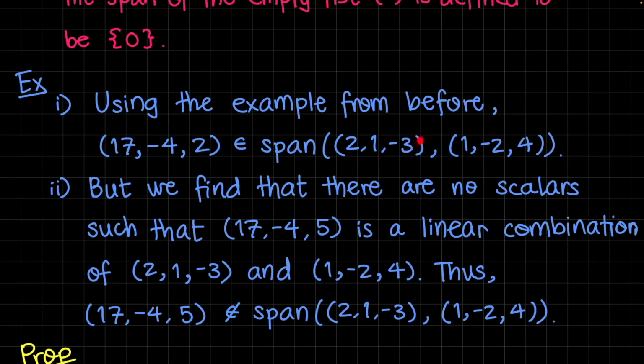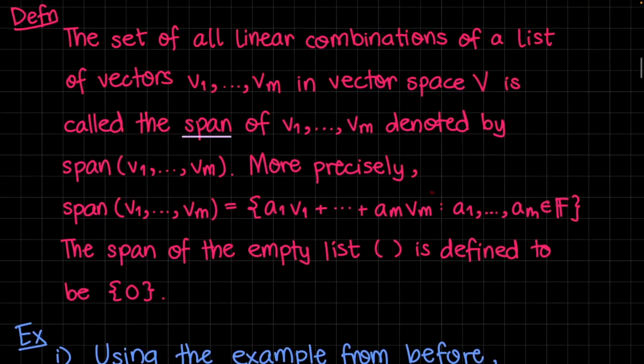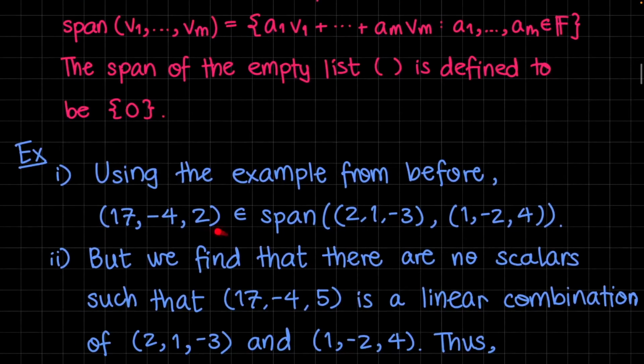So using the example from before where we had these two vectors 2 1 negative 3 and 1 negative 2 4, we wrote 17 negative 4 2 as a linear combination of the two vectors in the list. So that means from this new notation, new terminology, that 17 negative 4 2 is in or belongs to the span of the two vectors.